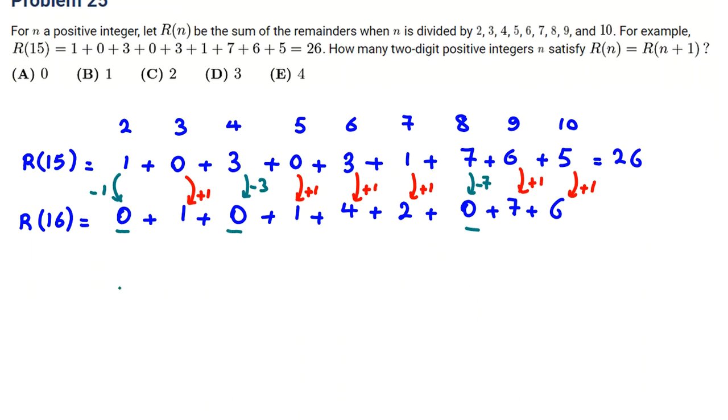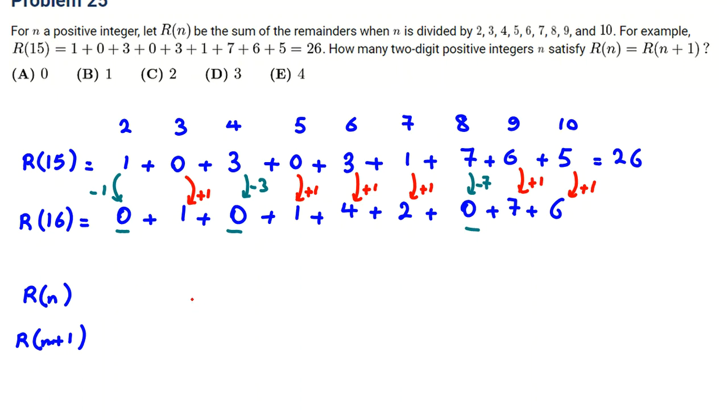If we check all of 2 to 10, let's see what happens for R(n) and R(n+1). Also, in this problem, a small example is useful. So let's check R(n+1). For some numbers, we have plus 1.